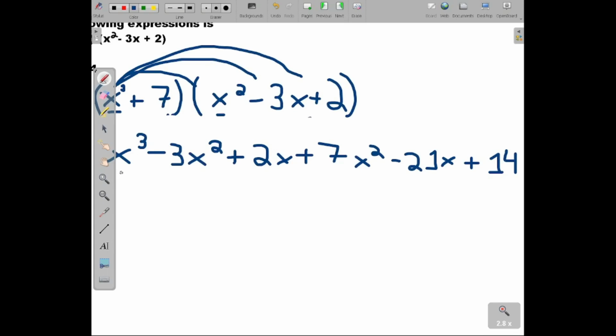We have only one x cubed, but we have 2 x squared terms, so we have to add them. 1x cubed, negative 3x squared plus 7x squared is equal to 4x squared.